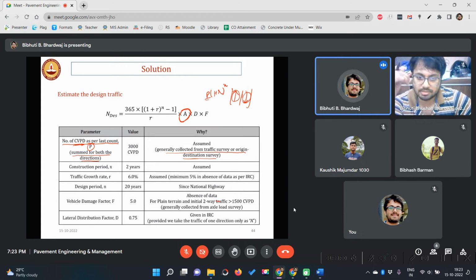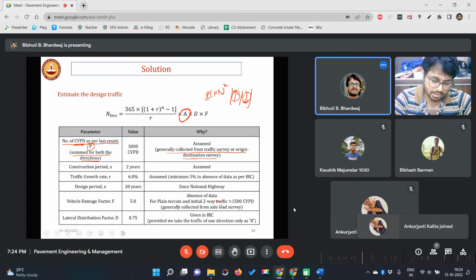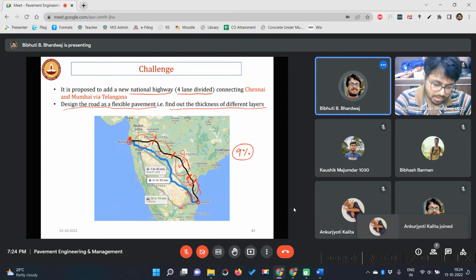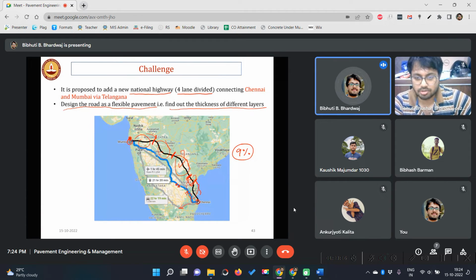One survey is called origin destination survey. In the existing roads, say here, you go here, stop random vehicles and ask from where you are going and to which place you will be going. If a new road is there, will you use that road because it is going to be a little bit shorter?